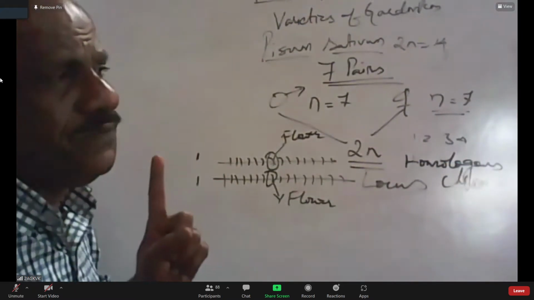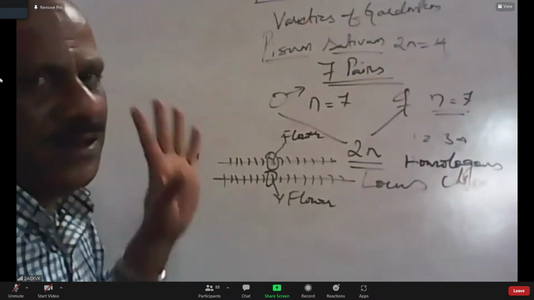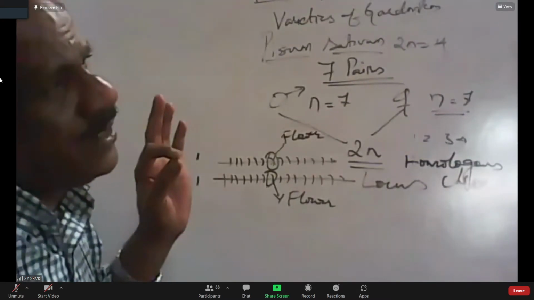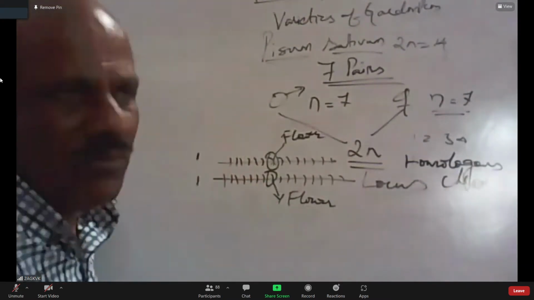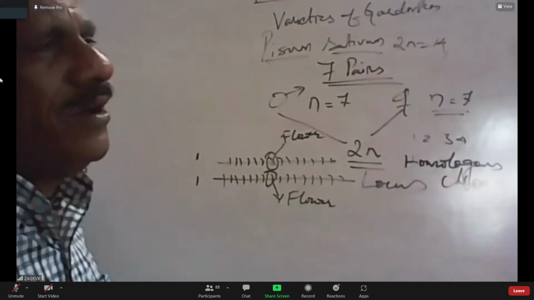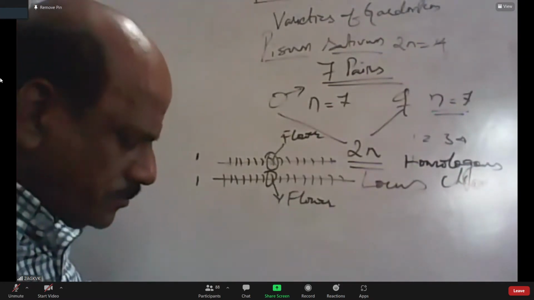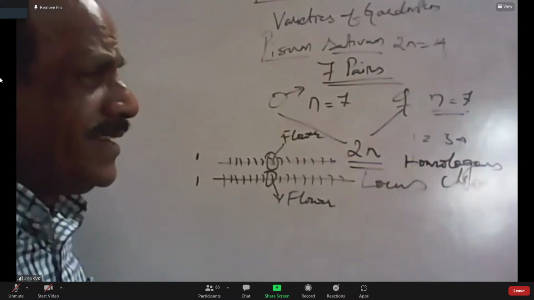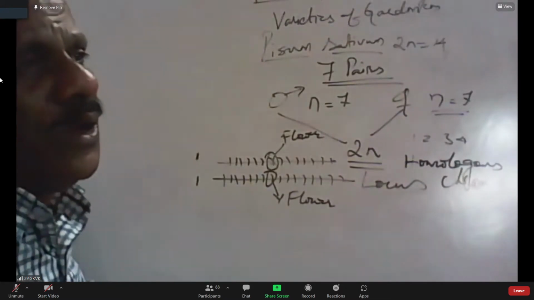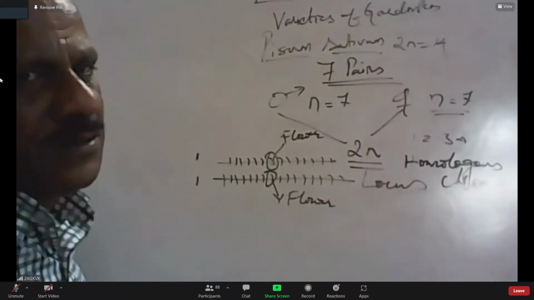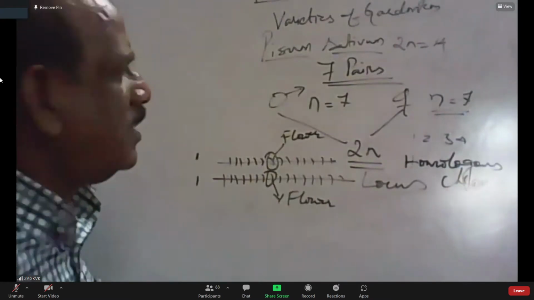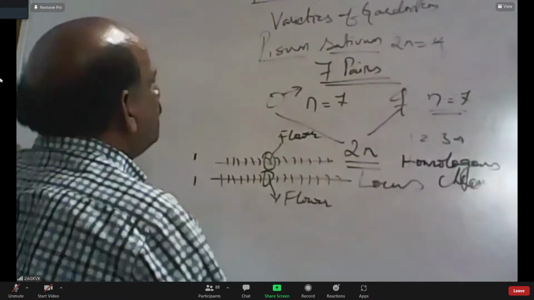The two copies could be identical. What are two copies of a gene? They are nothing but alleles, which are forms of a gene. If the two alleles are identical, it is called homozygous. If they are different, it is called heterozygous. Did you get it?